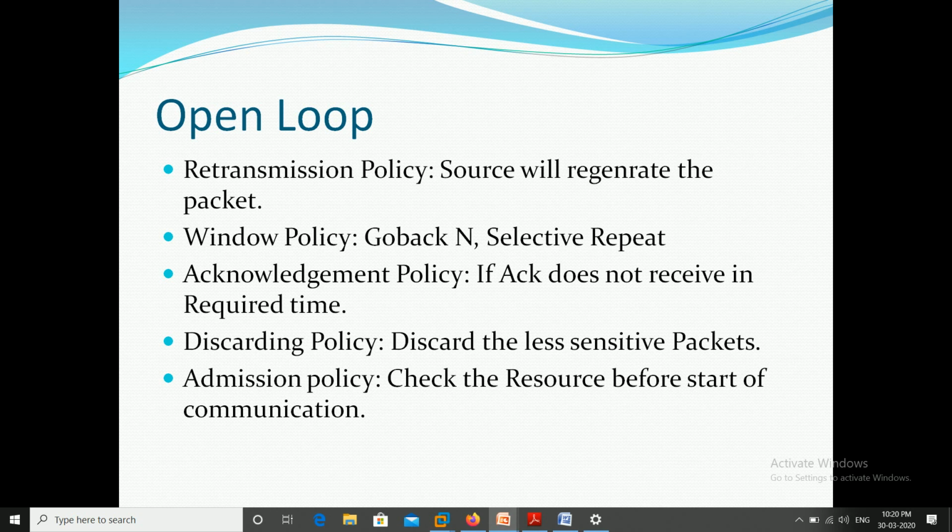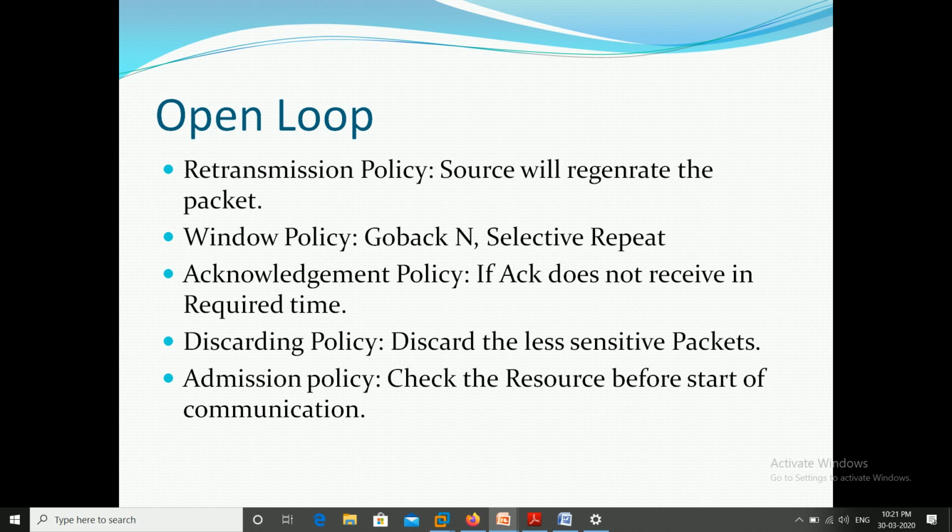It's quite simple. There's no if and but. Whenever, in due time, it finds that the packet generated by me is not able to reach its destination, the same as in the data link layer, then it will regenerate the packet. That is what we can call the retransmission policy.